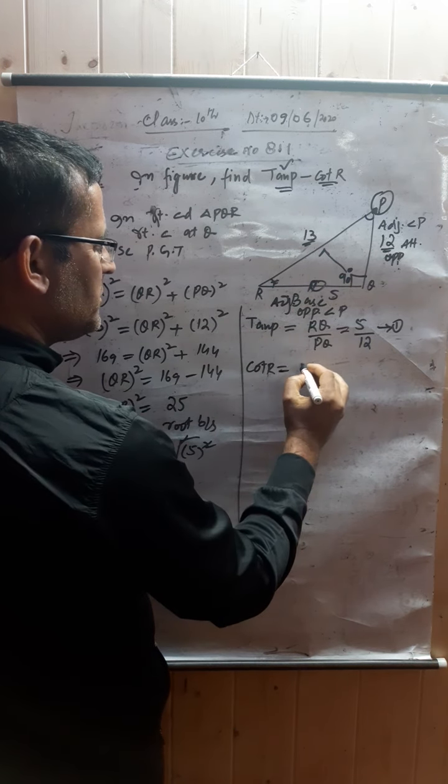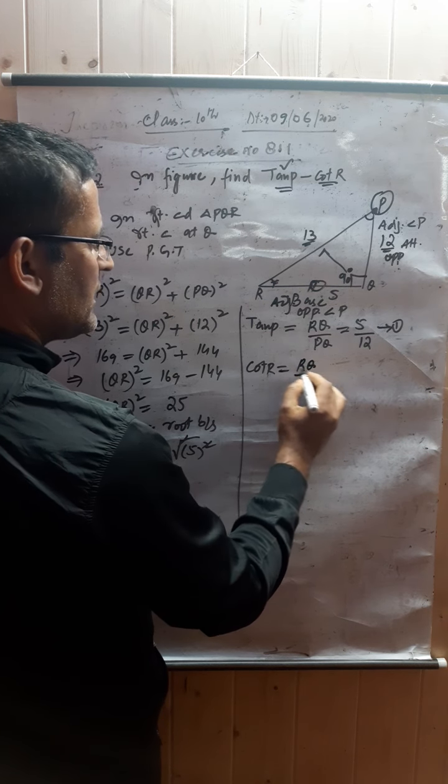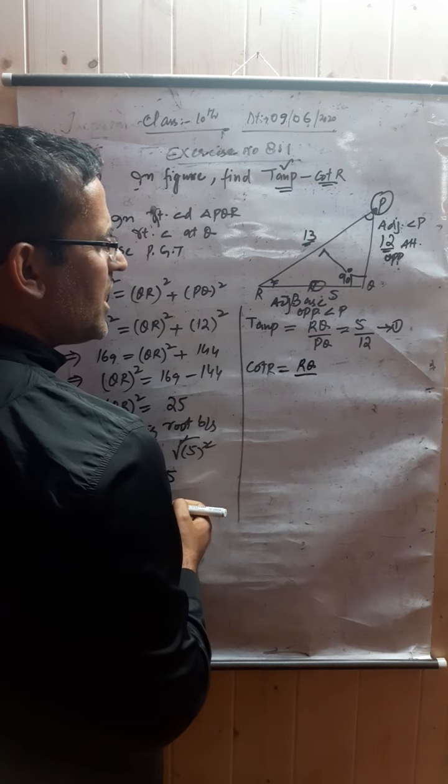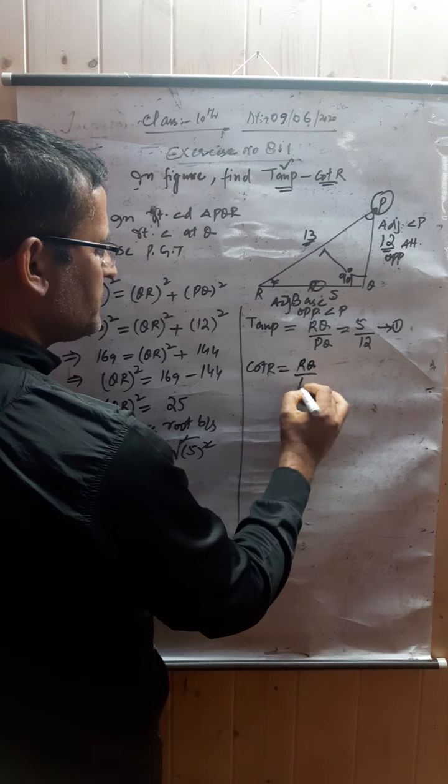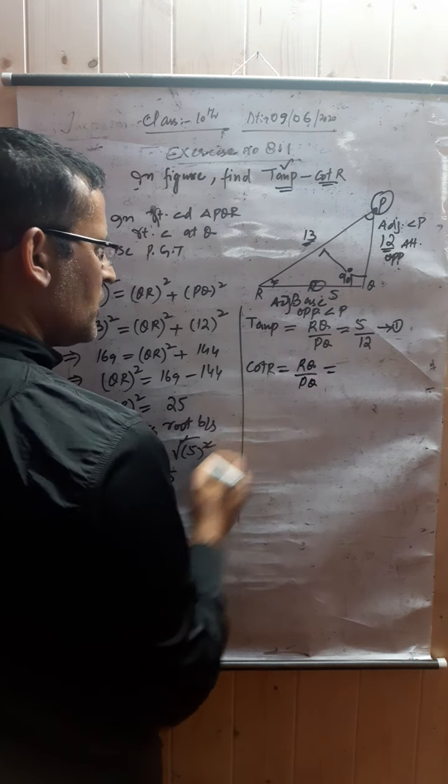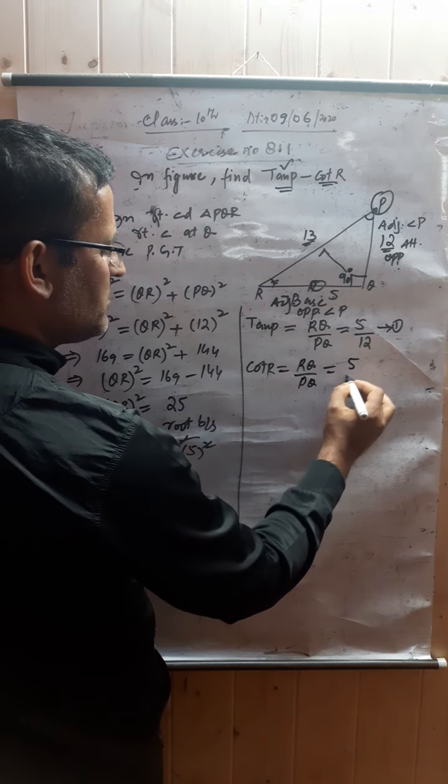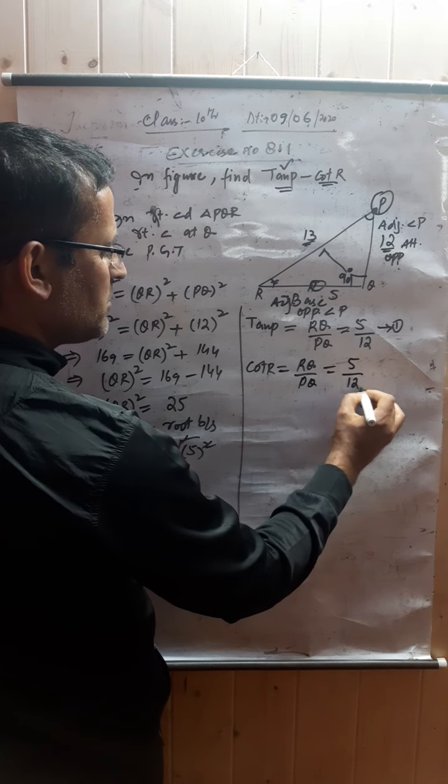Adjacent is RQ, and opposite is PQ. RQ is 5 centimeters and PQ is 12 centimeters.